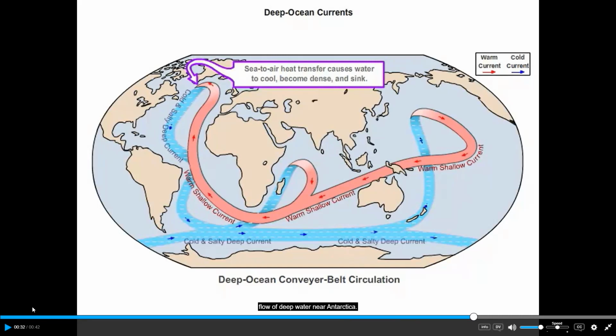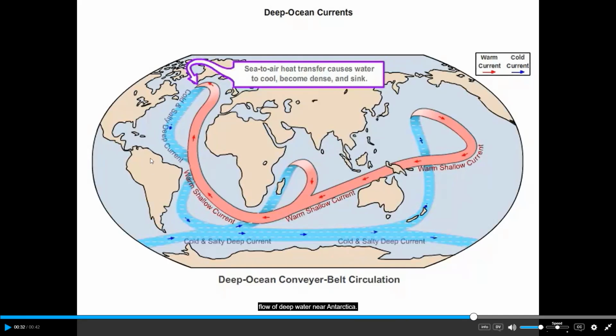Salinity also is increasing because of the sea ice that's forming. So when the sea ice forms, it's primarily formed from just water. The salt doesn't actually freeze, and as a result, the water there has a higher salinity. So you have this water that's colder, it's saltier, and so it's going to sink.